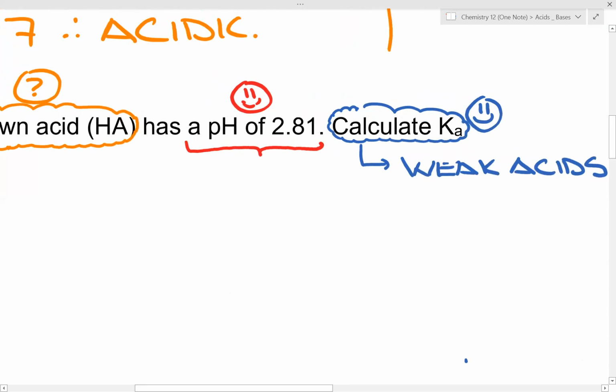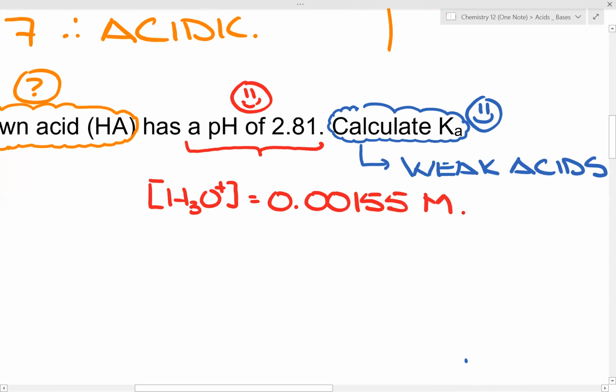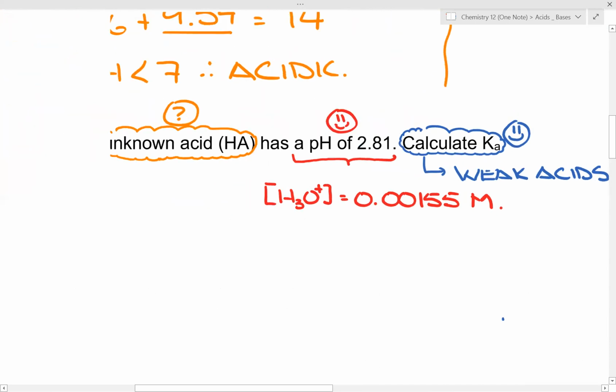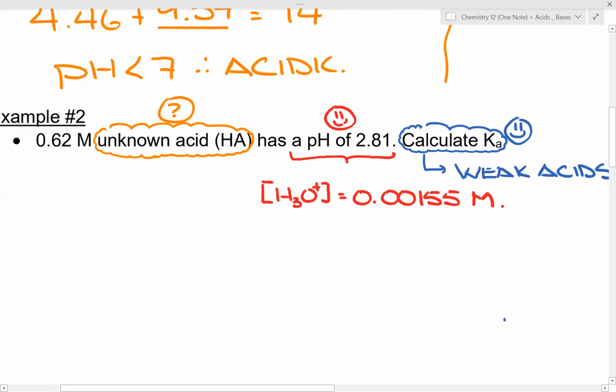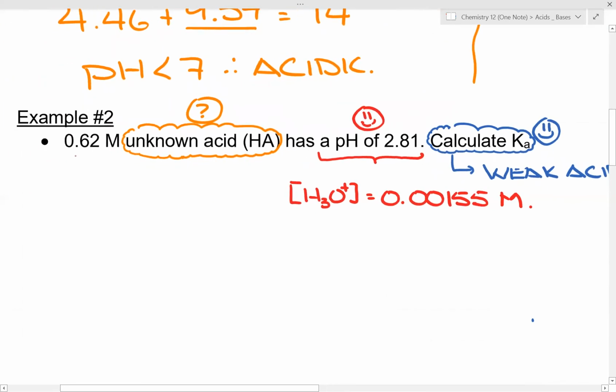Well, if you translate that pH of 2.81, that means it has a concentration of H3O plus of 0.00155 molarity. Now, notice the significance. You might say, what's the significance of this?